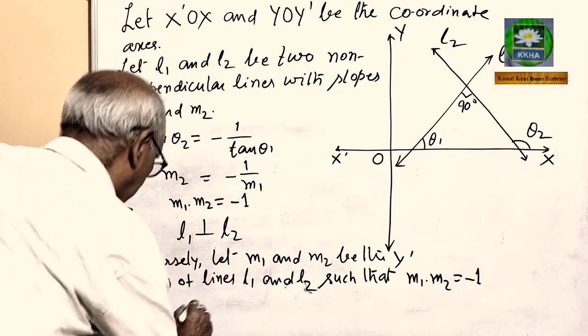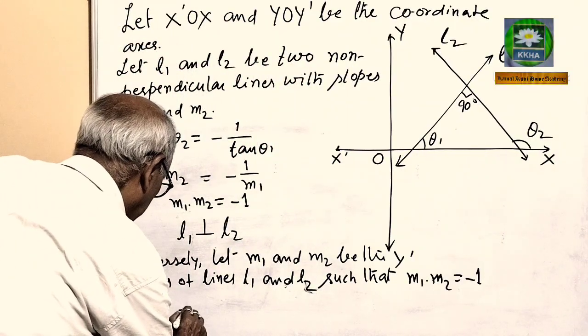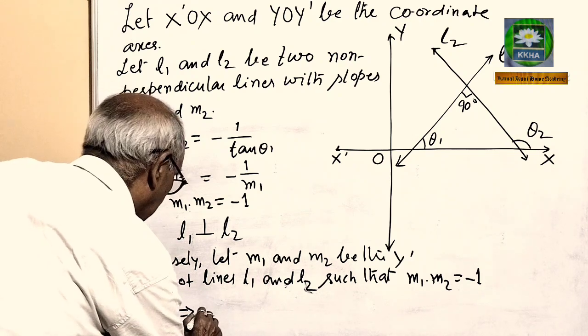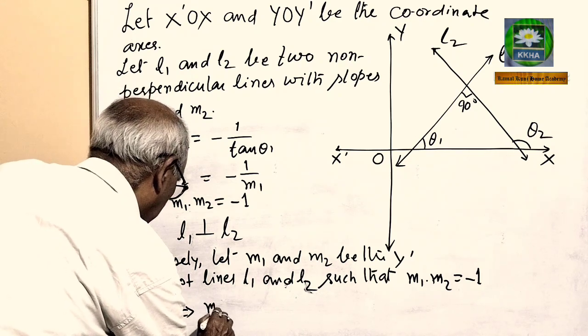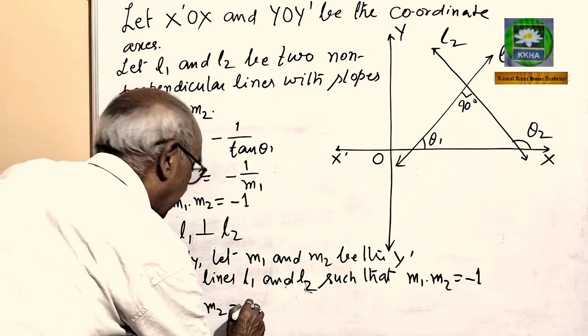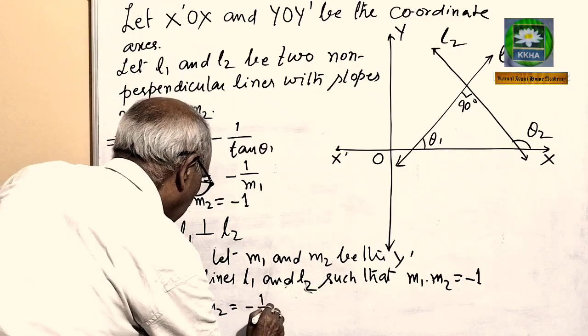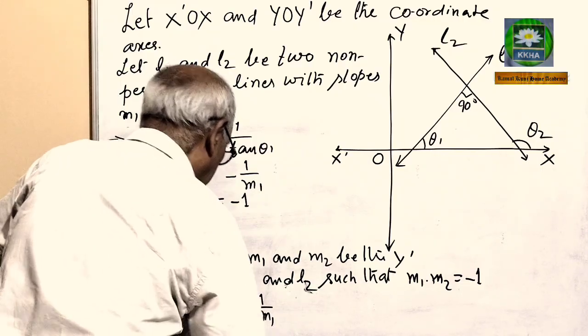This implies that m2 is equal to minus 1 upon m1.